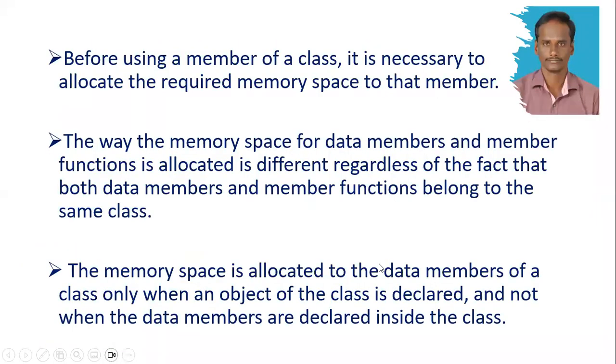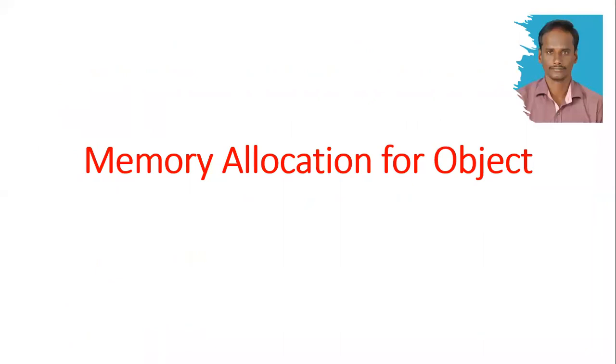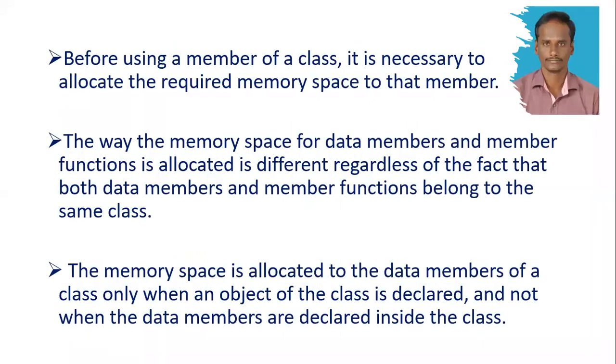Today's topic is memory allocation for objects. So let us see a few points on how the memories are allocated for the object. Before using a member of a class, it is necessary to allocate the required memory space to that member.